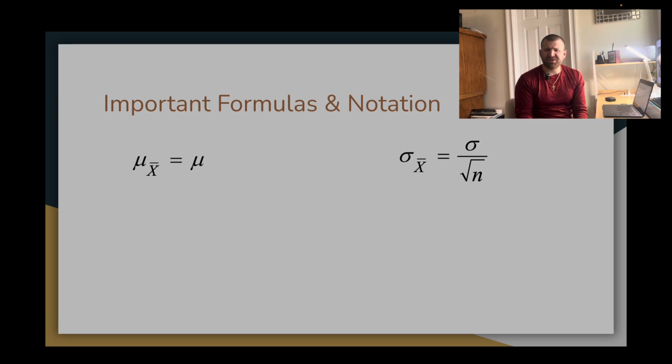That makes sense because the bigger my sample, the more confident I am that my sample mean is going to be close to my population mean. The smaller my sample is, the less confident I am that my sample mean is close to my population mean. So these formulas in my head make sense.